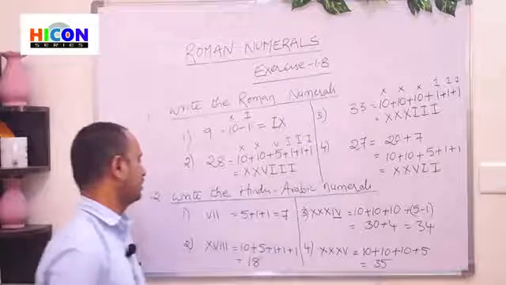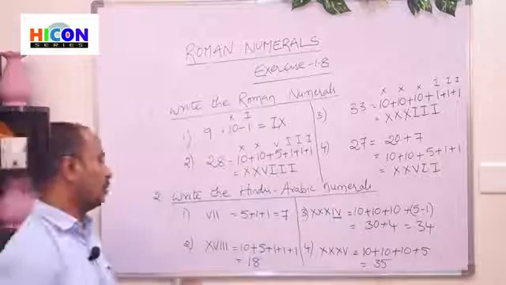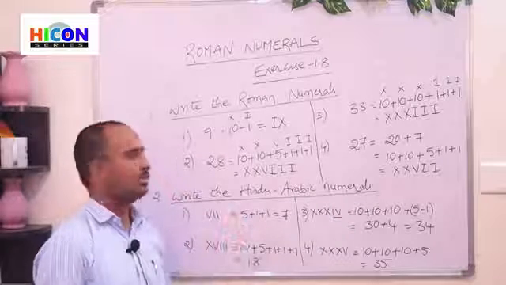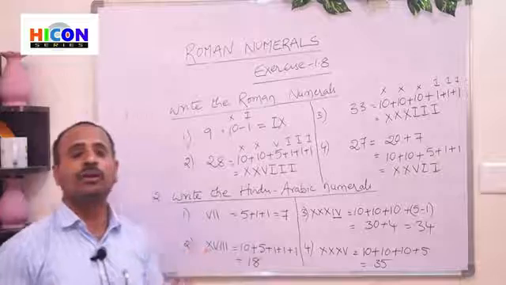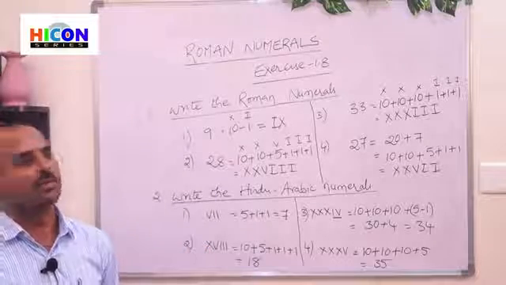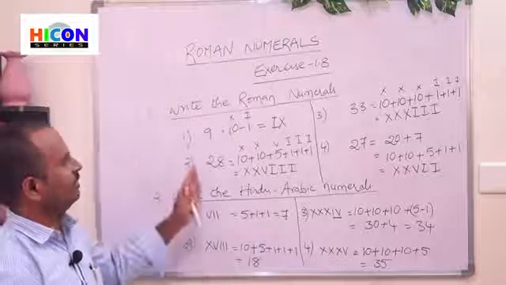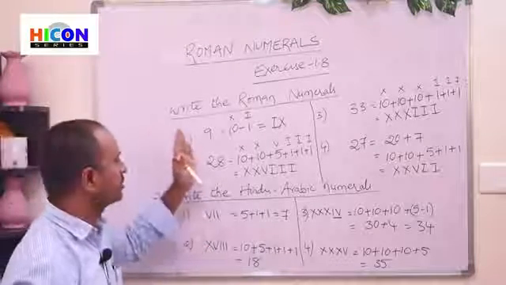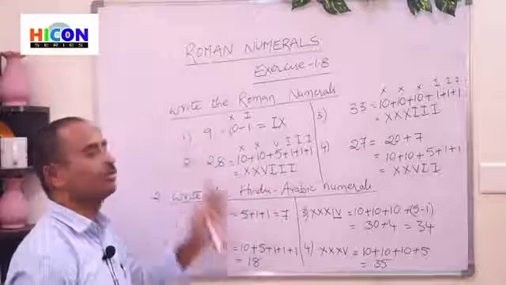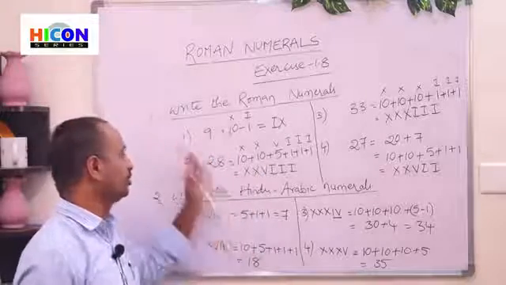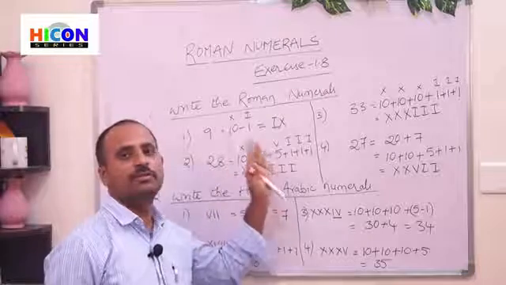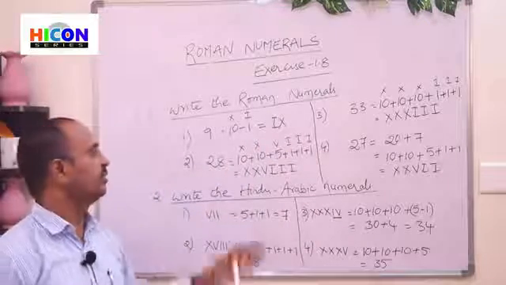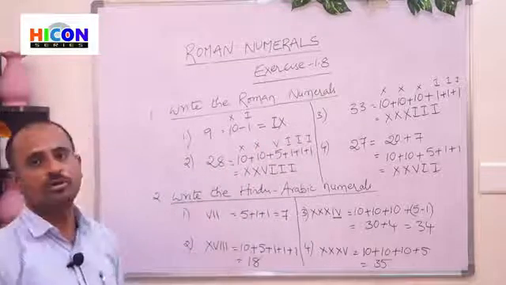So children, this is the way to convert Roman numerals into the Hindu-Arabic system, and we have to follow the rules. While converting the Hindu-Arabic system into Roman numerals, first we have to split the given numbers into ones, fives, tens and 50s, hundreds. Then only can we easily convert them into Roman numerals.